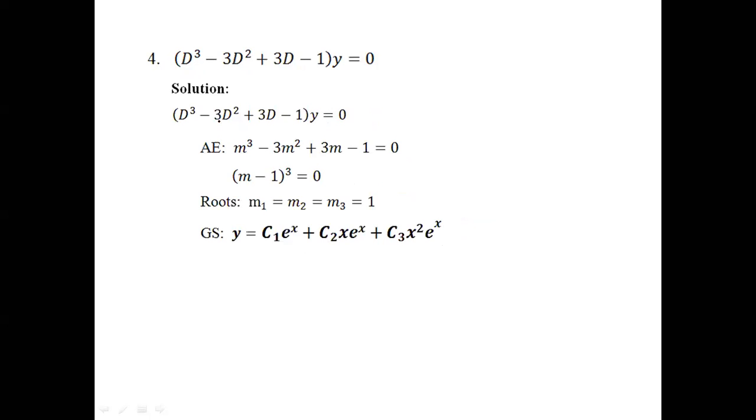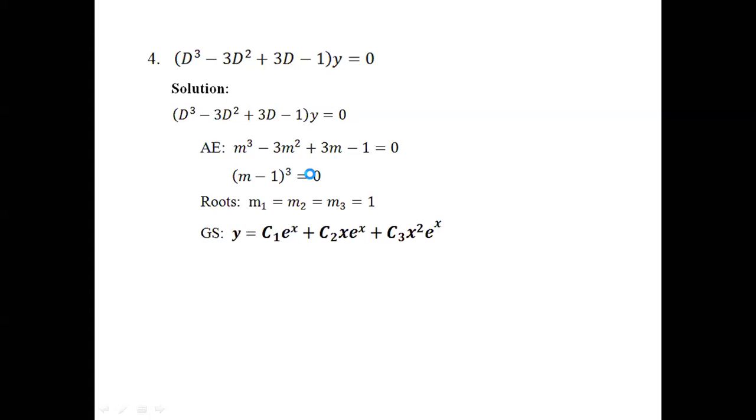For this particular question, we got 3 equal roots. So the general solution gave us y equals c1 e to the power x plus c2 x e to the power x plus c3 x squared e to the power x.